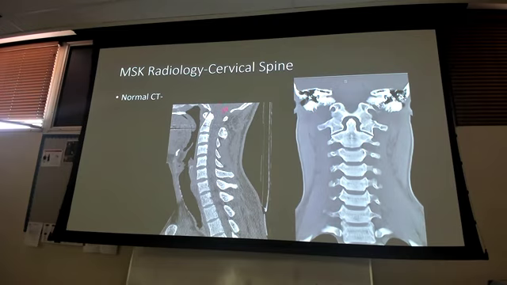And then I got my nice little sagittal slices here, so I can do my fun little lines that I just learned to make sure everything's lining up appropriately, all the vertebrae where they're supposed to be. I can utilize this to make sure there's no fracture of my dens or my lateral masses. And I got nice, clear imaging to be able to clear this patient and say, you can take off your C-collar, we don't have a fracture, we don't have any of the vertebrae, you're good to take it off.